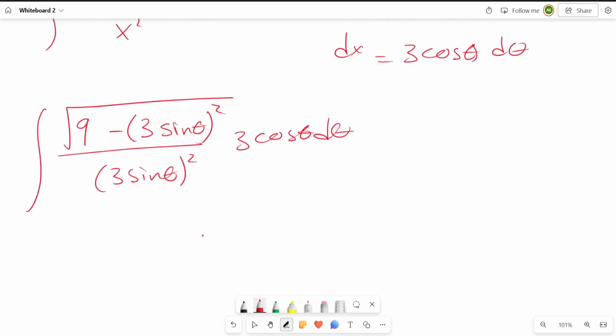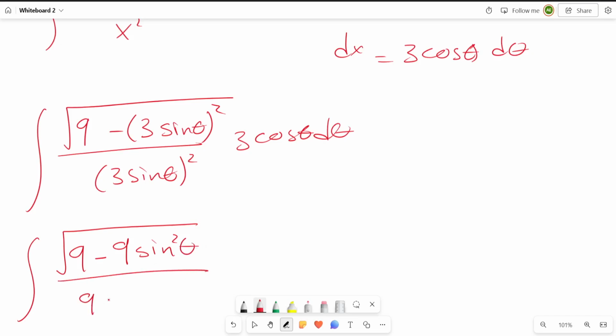Let's try and simplify from here. Squaring the 3 is 9, squaring the sine theta is sine squared theta, so we have the square root of 9 minus 9 sine squared theta over 9 sine squared theta times 3 cosine theta d theta.